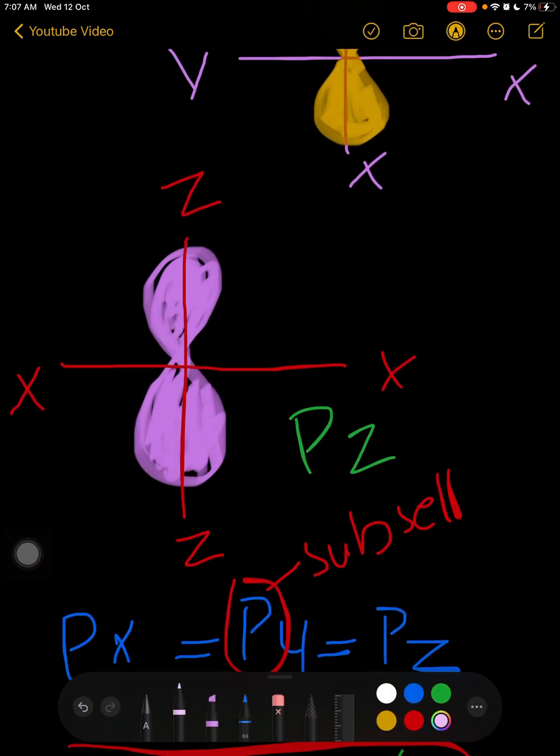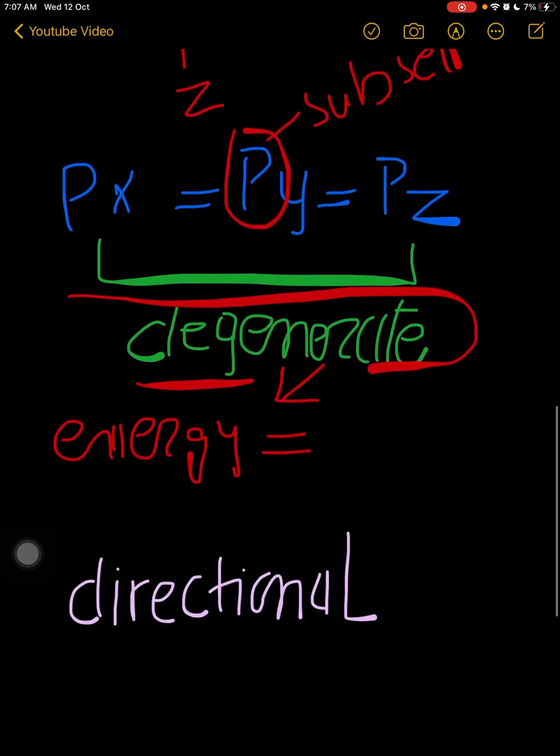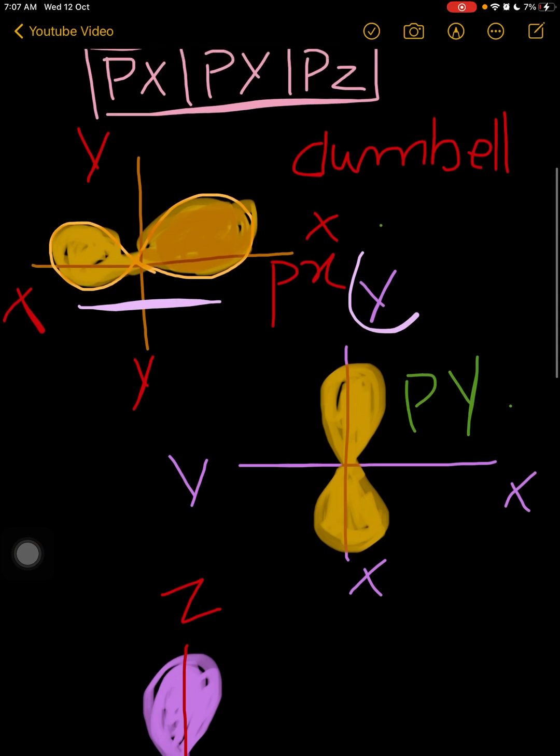When you look at pz, obviously I can't draw a three-dimensional figure over here, but I have considered the y-axis as the z-axis, so it is pointing in one direction. So the p orbitals, px, py and pz, are all directional orbitals. I hope you understood the concept of dumbbell shape, directionality, and the shape of p orbitals.